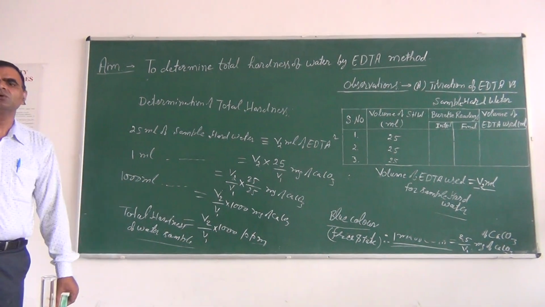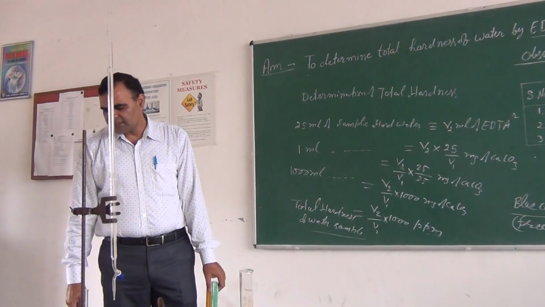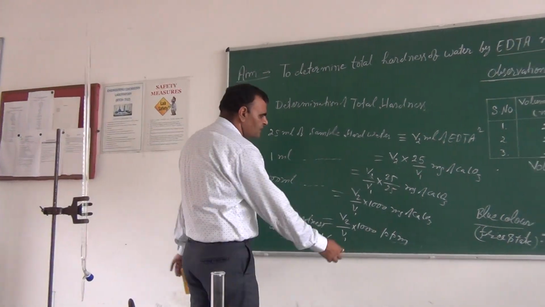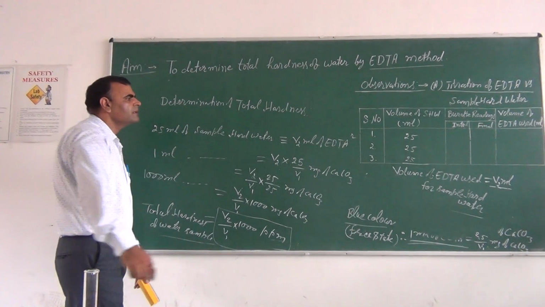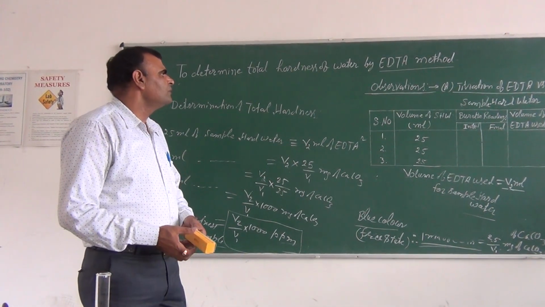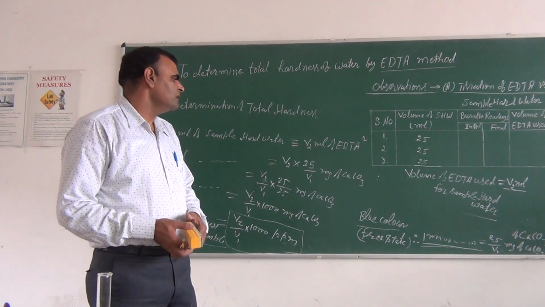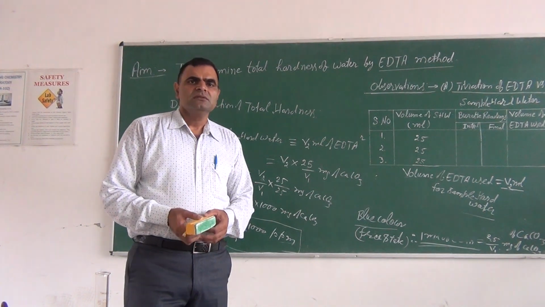This will be the total hardness of the water sample. So we can calculate the total hardness of the given water sample. So this is the procedure and the observation calculations we have to perform for this experiment. So thank you.